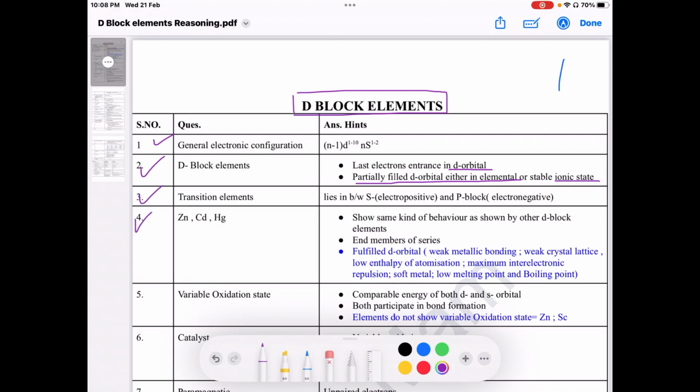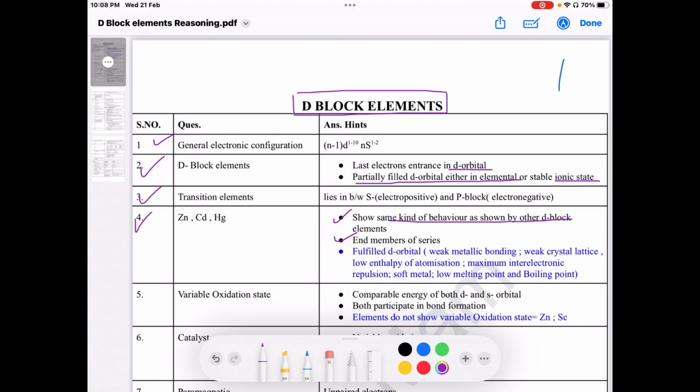Next question regarding zinc, cadmium, mercury: they do not have partially filled d orbitals. Still, they are part of the d block elements. Why? Because they show the same kind of behavior as shown by the other d block elements, and the other point we write along with this is that they are the end members of the 3d, 4d, and 5d series.